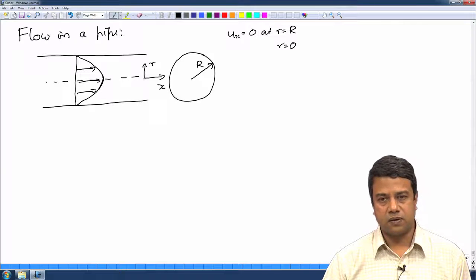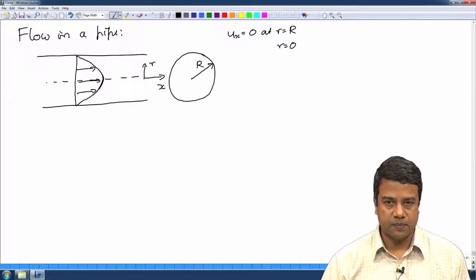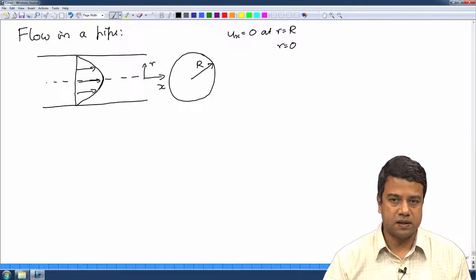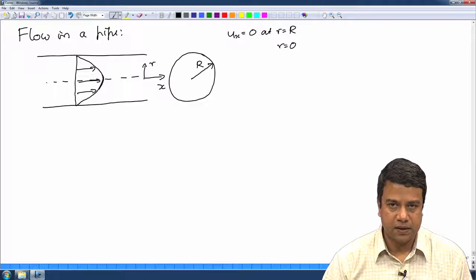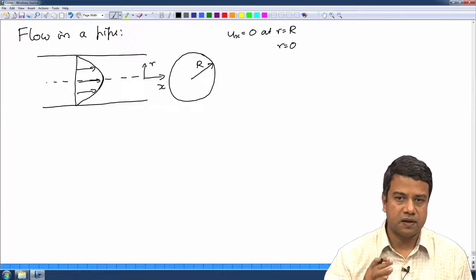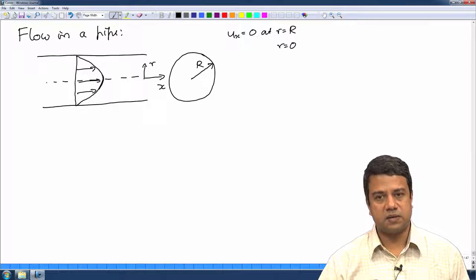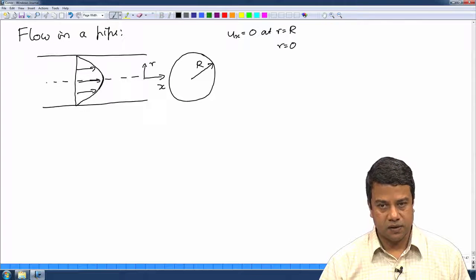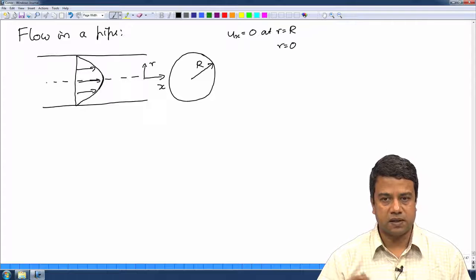As I told you in the case of the temperature field in a cylindrical object, if the slope were not equal to 0, then you would have different slopes depending upon which direction you come from. If there is no physical boundary there, you cannot have different slopes depending upon the direction in which you approach.